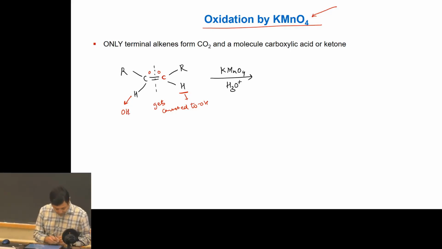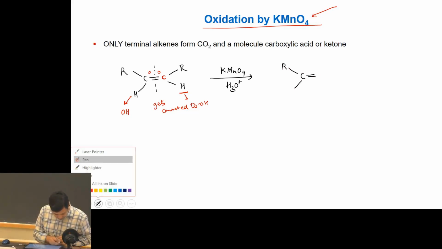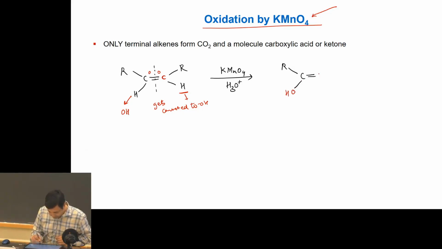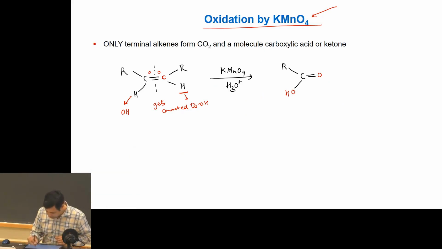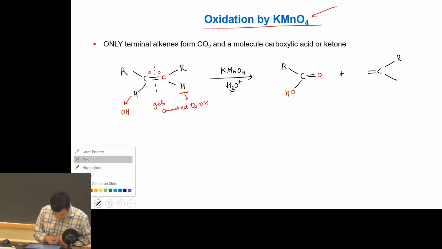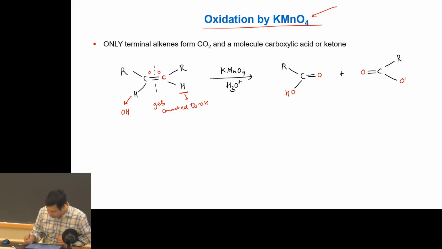So let's write the product. So you will generate two molecules of carboxylic acids.